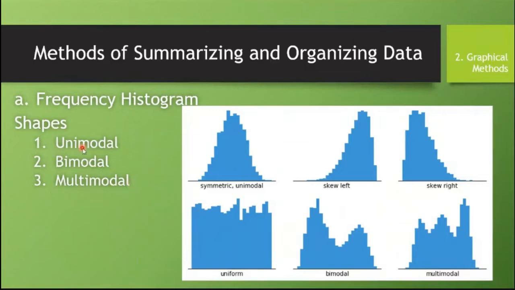It can be symmetric or skewed. When we say skewed, it is skewed to the left or skewed to the right. A symmetric histogram is one where, when we divide it into two, the left side has almost the same shape as the right side.